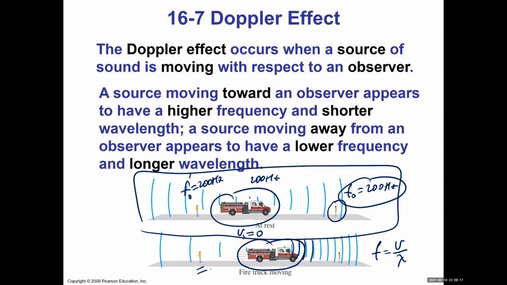For the observer behind the source, where the source is moving away, the wavelength will start to be increasing. Again, frequency of this observer, f prime, equals V over wavelength prime. Now the wavelength increases, which means the frequency will be decreasing. So here, wavelength is decreasing, so the frequency is increasing. Here the wavelength is increasing, so the frequency is decreasing.